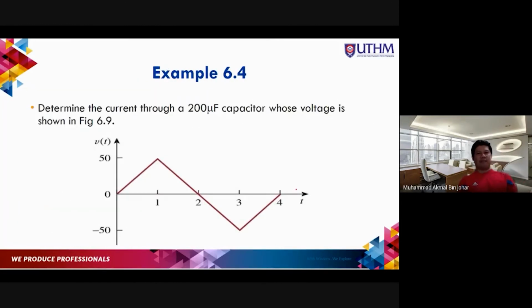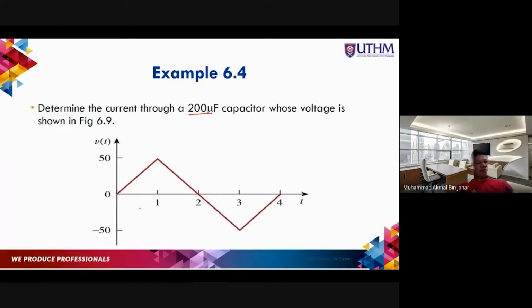Next, we have another example: to determine the current through a 200 microfarad capacitor, whose voltage is shown in figure 6.9. You have a sawtooth AC signal.